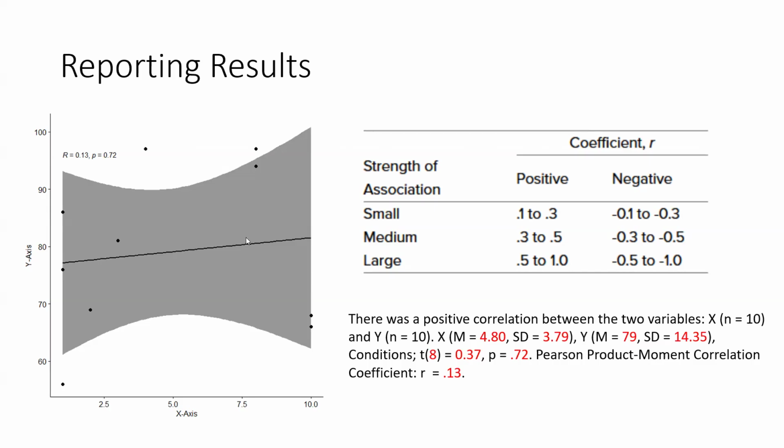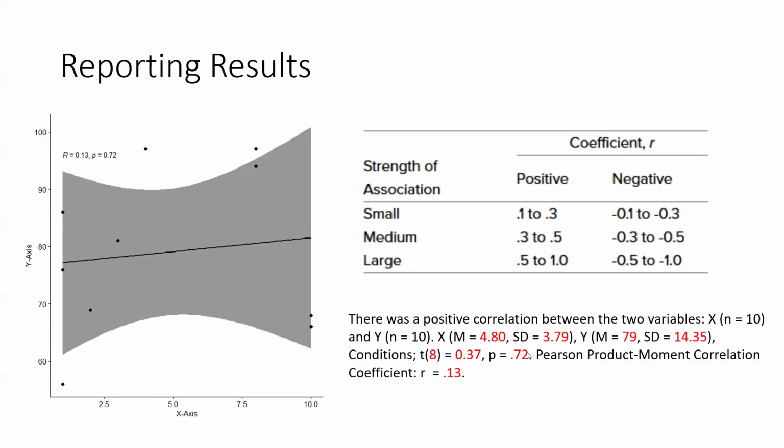The p-value is going to tell you whether the observed relationship, R equals 0.13, is unlikely or likely to have happened by chance. In this case, our p-value is 0.72, so this relationship is probably likely to have happened by chance. The R value is measuring the strength and direction of the relationship of the two variables.